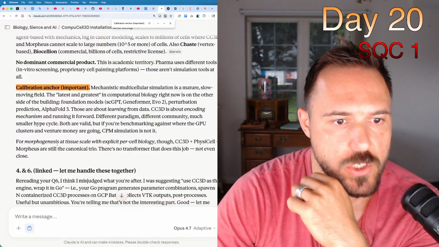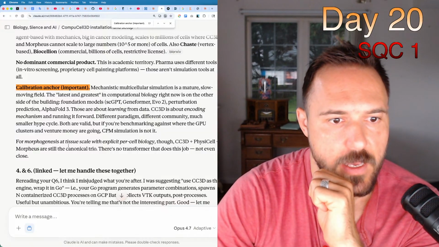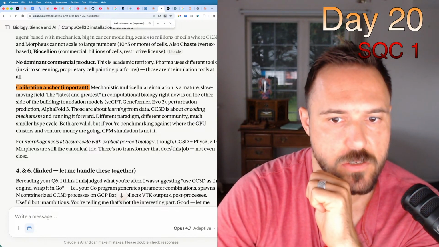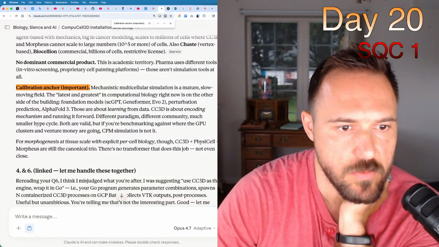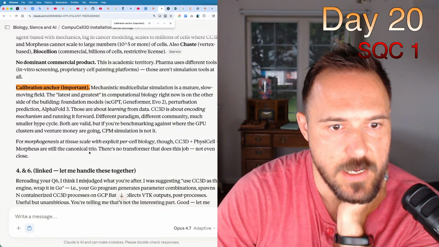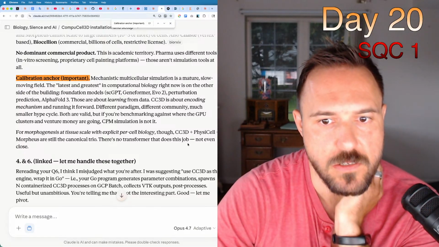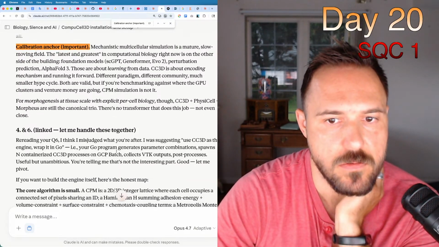For morphogenesis at tissue scale with explicit per-cell biology, CC3D and PhysiCell are still the canonical tools. There is no transformer that does this job, not even close.